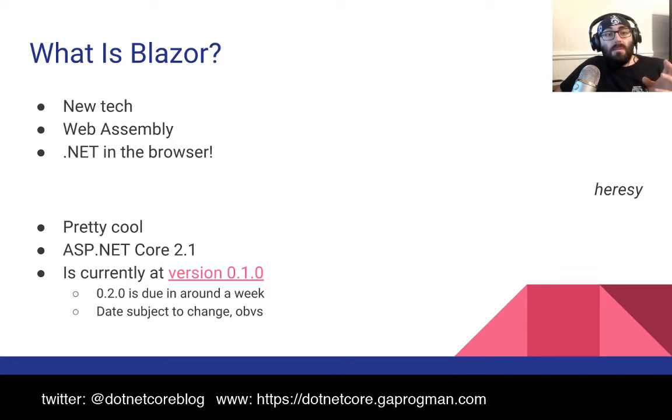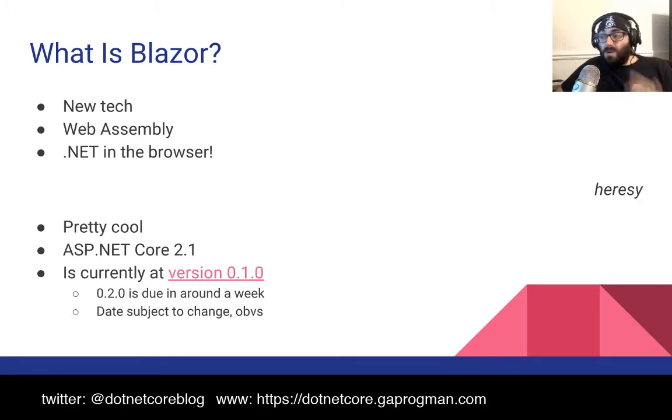So Blazor is currently at version 0.1, and that's fine. It is really, really early technology. It's a minor version release. So anything you do with it has to be with the mindset of this is an experiment, this is preview, this is early.